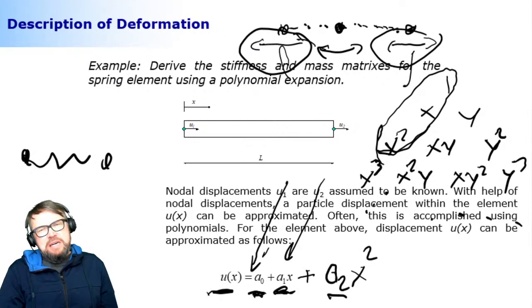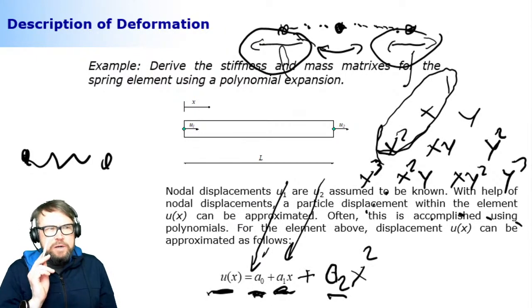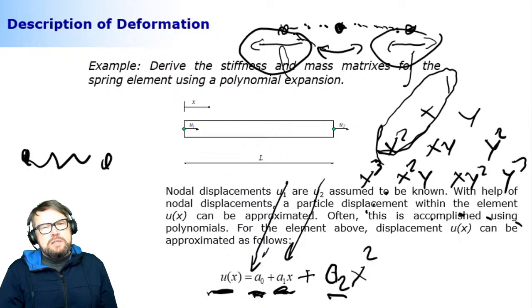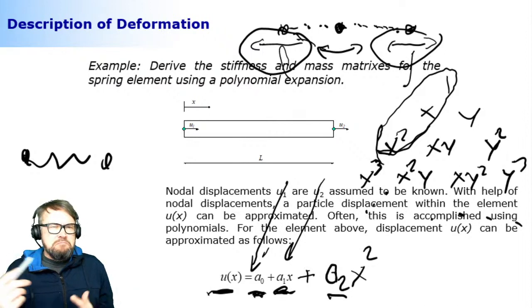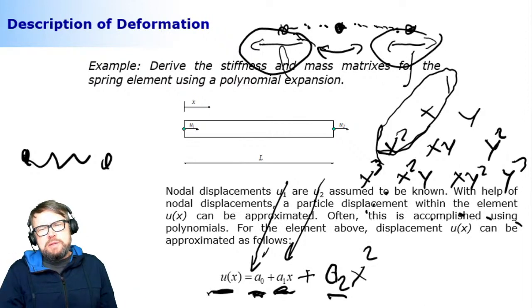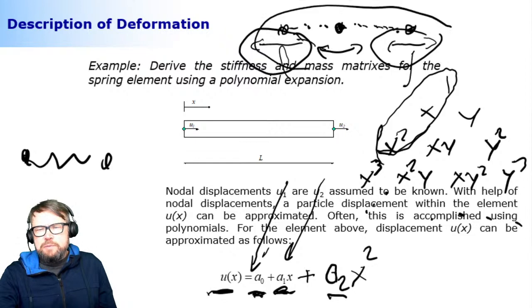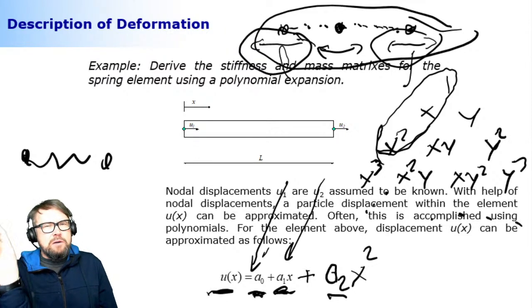Some buts. The first but is, what about this A1 and A0 and so on and so forth? What is the physical interpretation? Well, that's a good question, because they don't have a clear physical interpretation. So the first thing that I want to do here is to express these A's, these unknowns, to have a clearer physical interpretation. The one that has a clear physical interpretation is obviously the nodal displacement, this node that can go left and right.